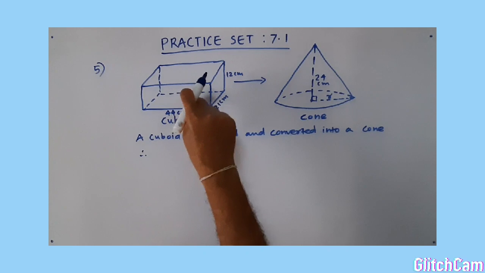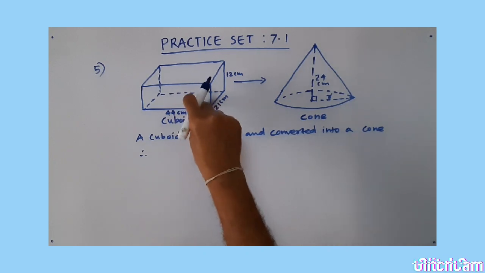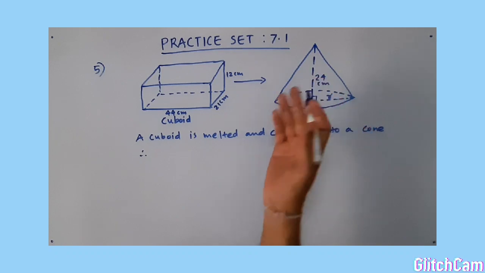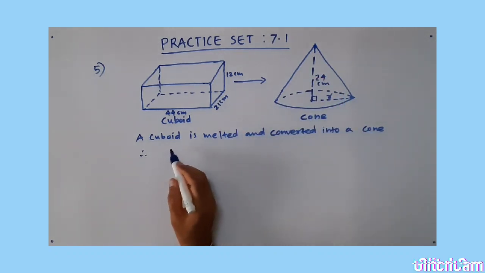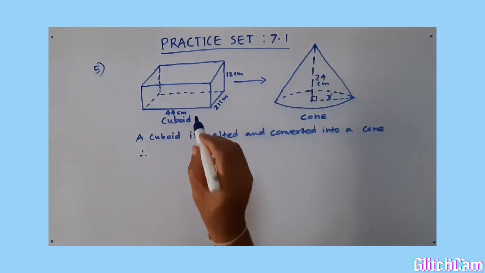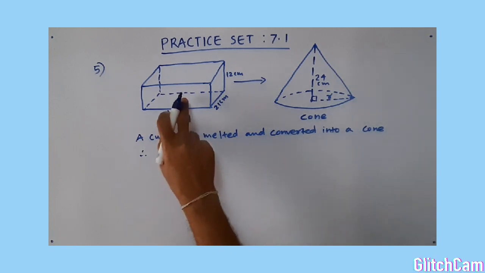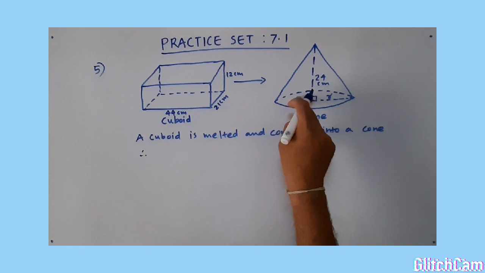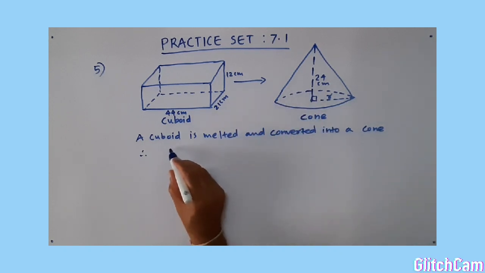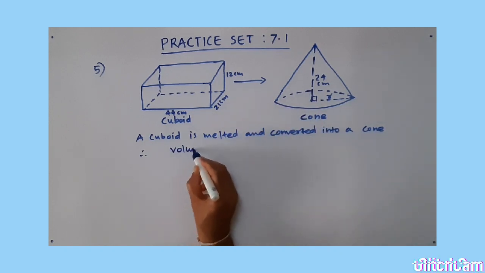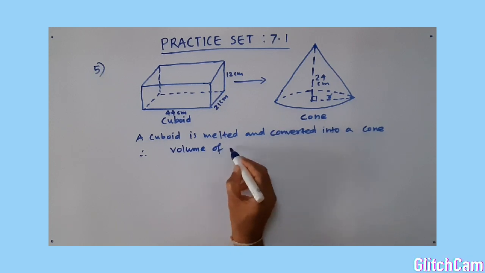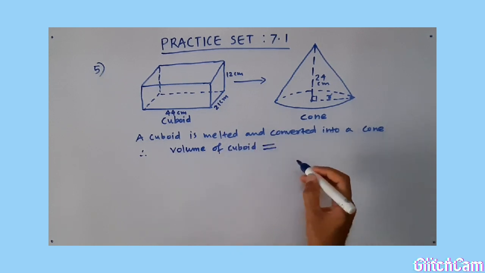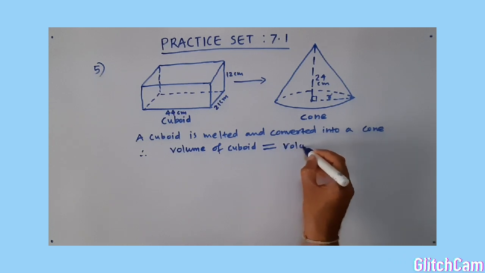Therefore whatever material is there in this cuboid, the same material would be there in this, only the shape is changed. Understand? Why am I saying this? Because the quantity of matter in this and the quantity of matter in this is the same. Quantity of matter means volume. So we write: therefore volume of cuboid will be equal to volume of cone.